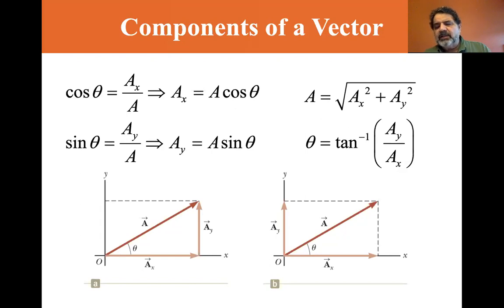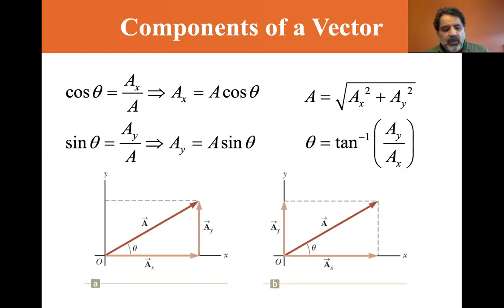But you need to know what quadrant you're in. Don't just take what your calculator says. Unless your calculator is able to look at the individual components and their positive or negative values, you're going to get an angle between -90 and 90. So you have to be careful when using a calculator.